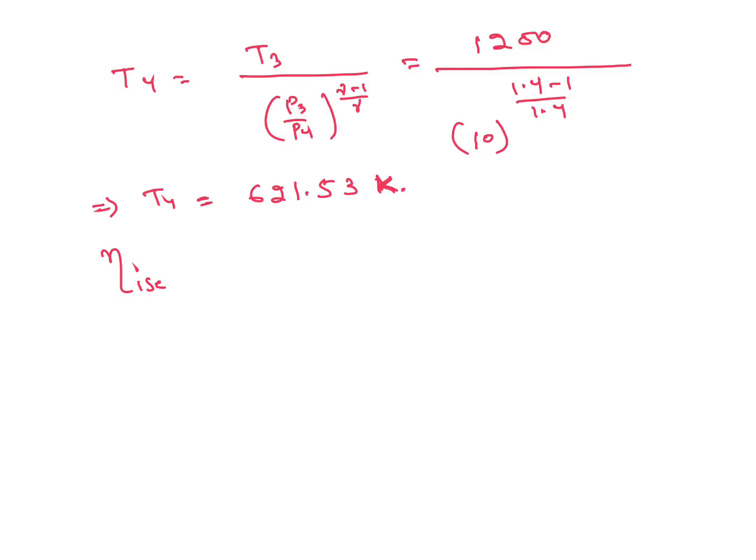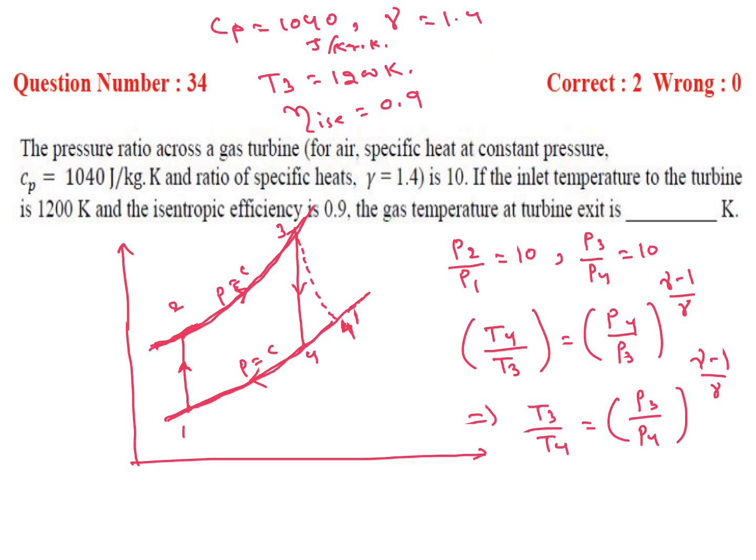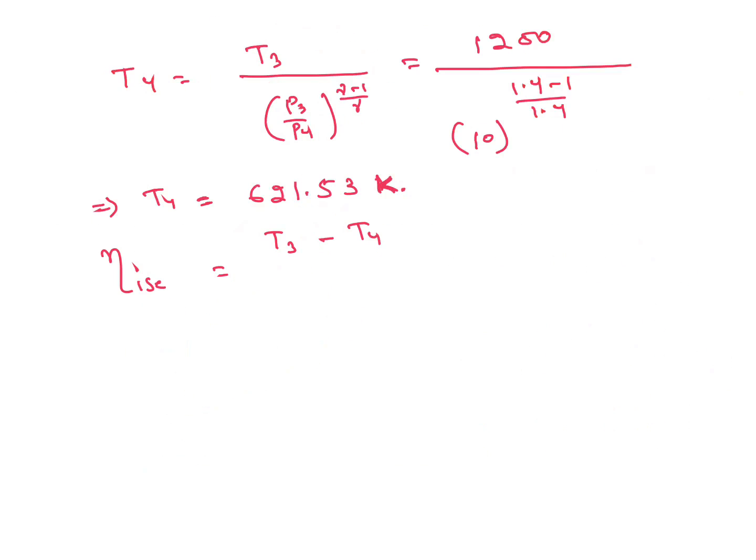Isentropic efficiency is T3 minus T4. If you see the graph, T3 to T4 is ideal, and actual is T3 to 4 dash. So actual by ideal, T3 minus T4 dash over T3 minus T4.